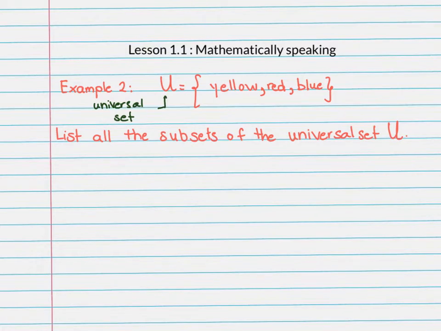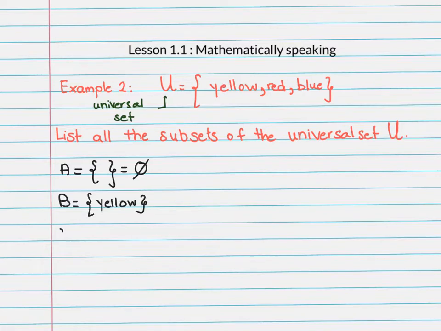Let's start listing them. We will start first of all with a set that has no elements. We're going to name it A. It has no elements, or we can give it the symbol phi. This is an empty set. We will go to another set that has 1 element, for example, yellow.